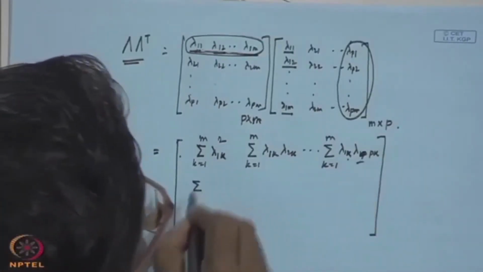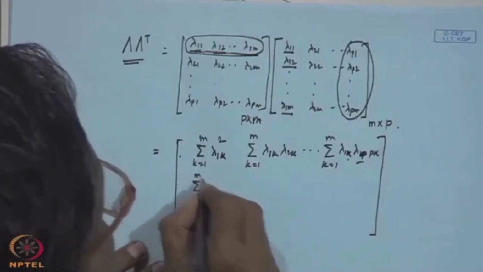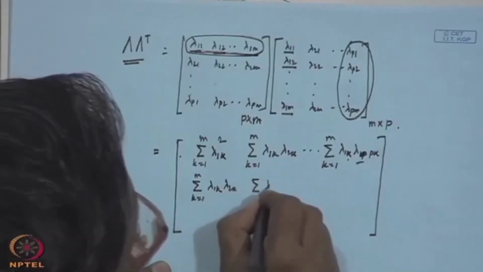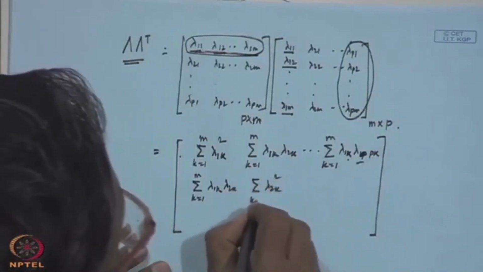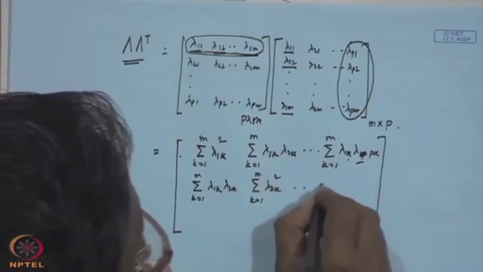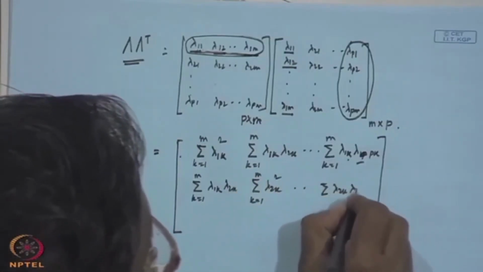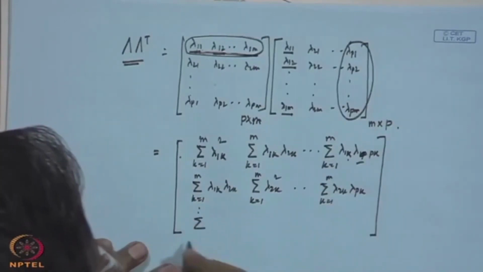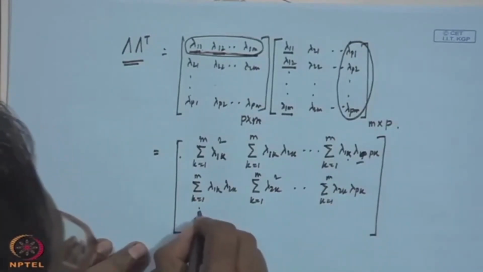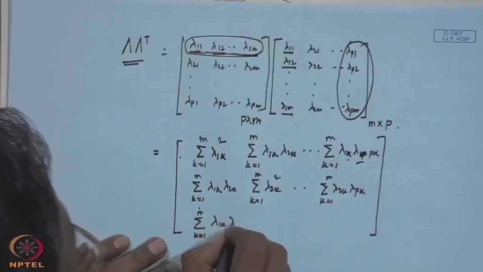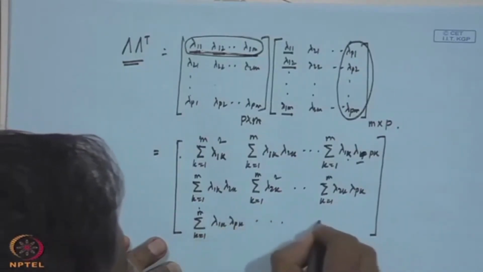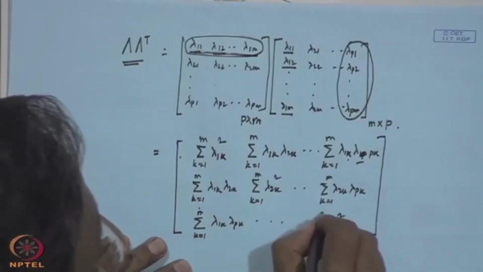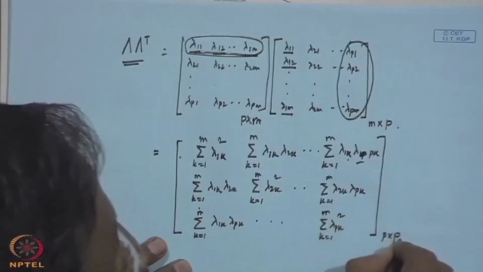In the same manner it will be a symmetric matrix: k equal to 1 to m lambda 1 k lambda 2 k. This will be lambda 2 k square, k equal to 1 to m. Same manner lambda 2 k lambda p k, and lambda 1 k lambda p k. Same manner you go, it will be lambda p k square, k equal to 1 to m. This will be p cross p.